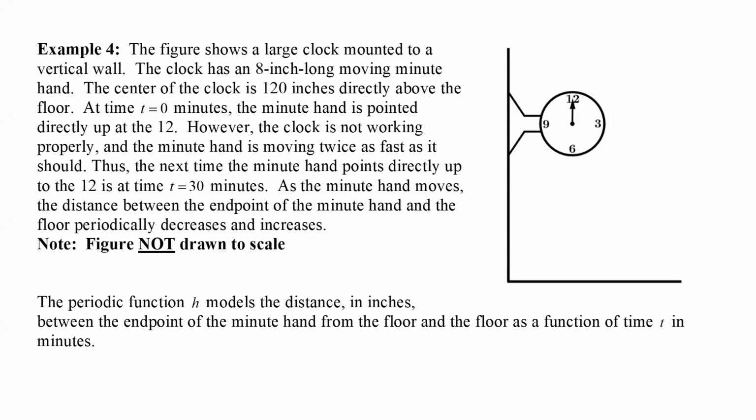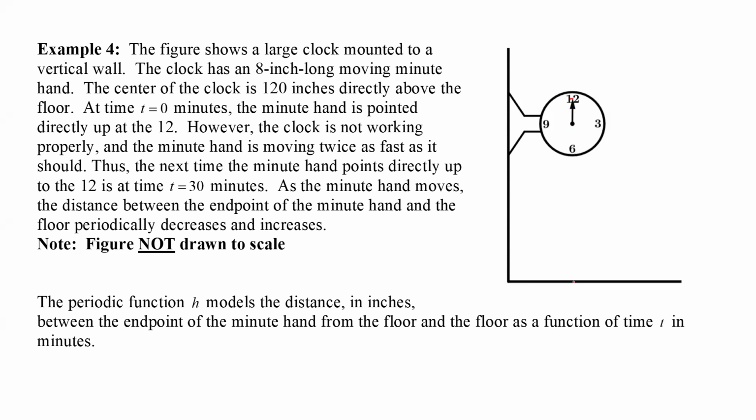However, the clock is not working properly, and the minute hand is moving twice as fast as it should. Thus, the next time the minute hand points directly up to 12 is at time t equals 30 minutes. As the minute hand moves, the distance between the end point of the minute hand and the floor periodically decreases and increases. Okay. So what we're analyzing is how far this tip is from this ground.